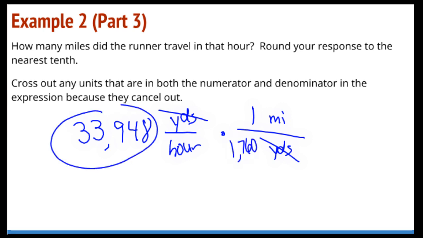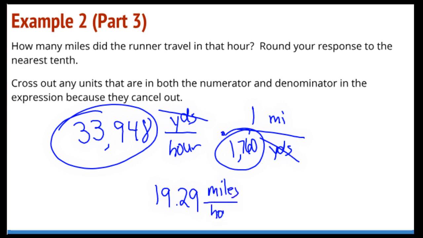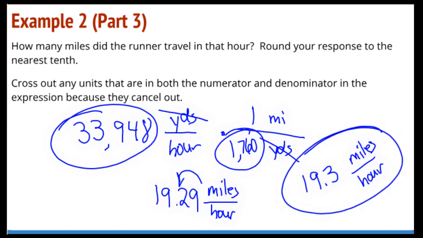So I wind up dividing 33,948 by 1,760 and getting 19 and 29/100 miles per hour. And it says to round to the nearest tenth, so I really should say I've got 19 and 3/10 miles per hour.